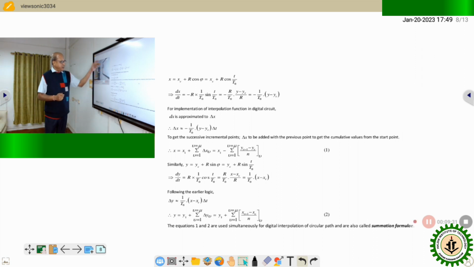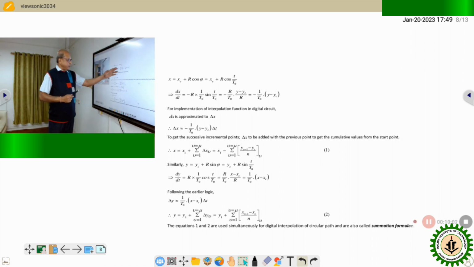Now this phi is replaced by small t by capital T0. The next step is to take the derivative. That means if we take dx/dt, the objective is to find, for an incremental time movement, the corresponding incremental x movement. So dx/dt will be equal to minus r into 1 by T0 sin(t/T0).